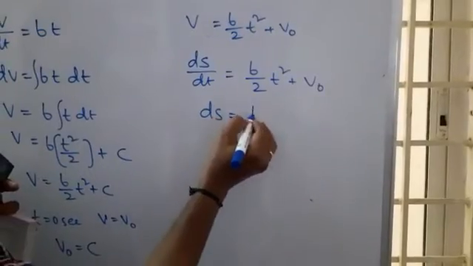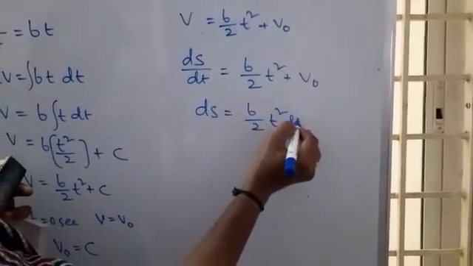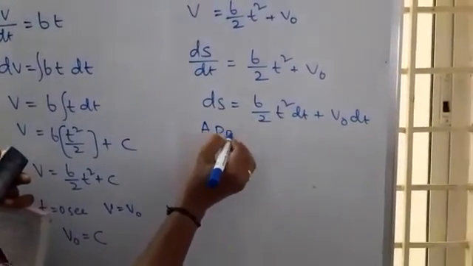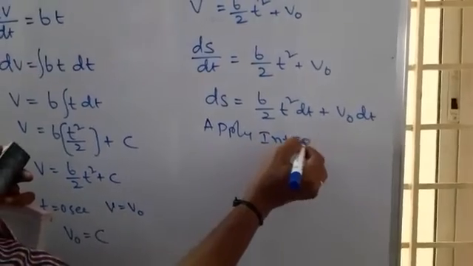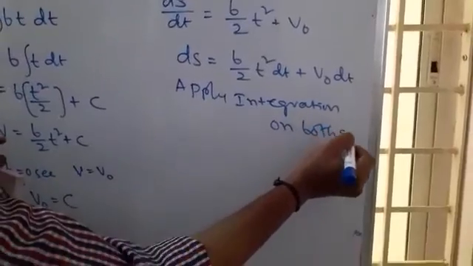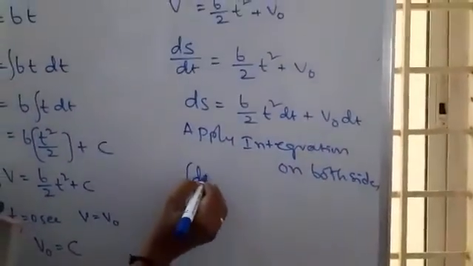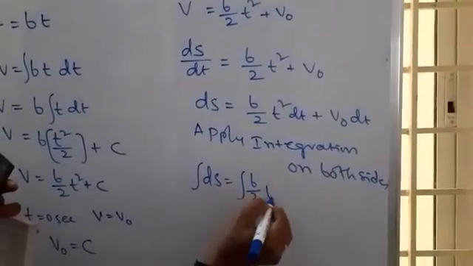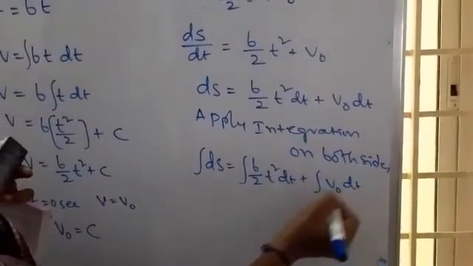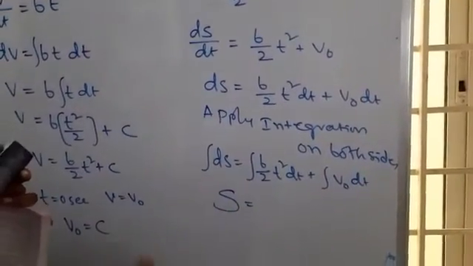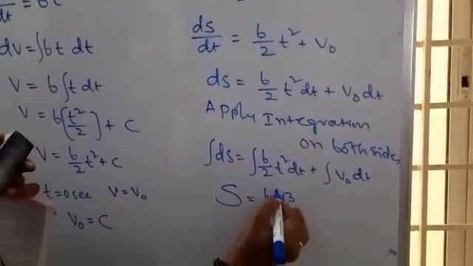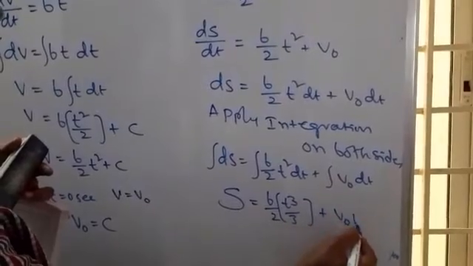So ds is equal to b by 2 into t square dt plus v naught into dt, and applying integration on both sides, s is equal to b by 2 into t cube by 3 plus v naught into t.